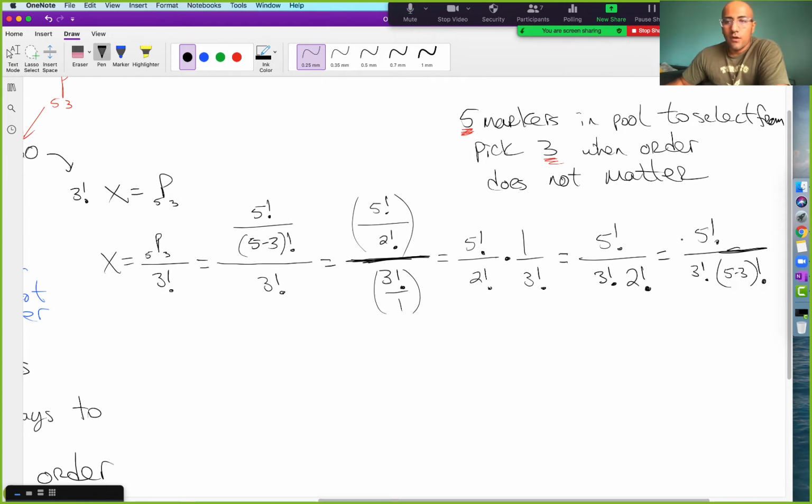Good. Okay, so we will revisit this. Oh, let's just do it right here then. So now in general, say we had n markers, some total pool in our population. We have n markers to choose from. In general, n unique markers are given.